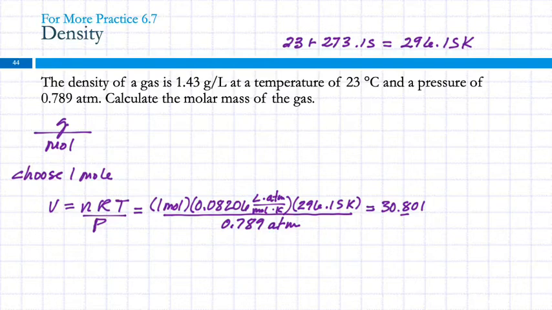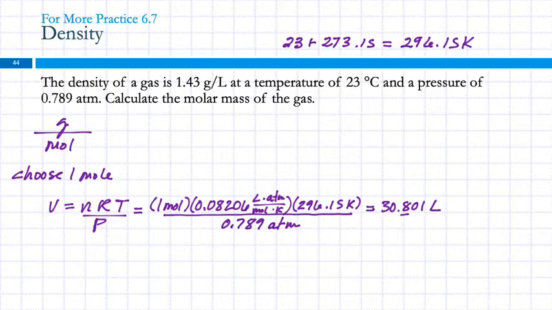It has to be Kelvin, because unlike milliliters or atmospheres, the temperature conversion is not just multiplication. So the conversion factor won't cancel out. It involves adding. So I get this 30.801 liters.